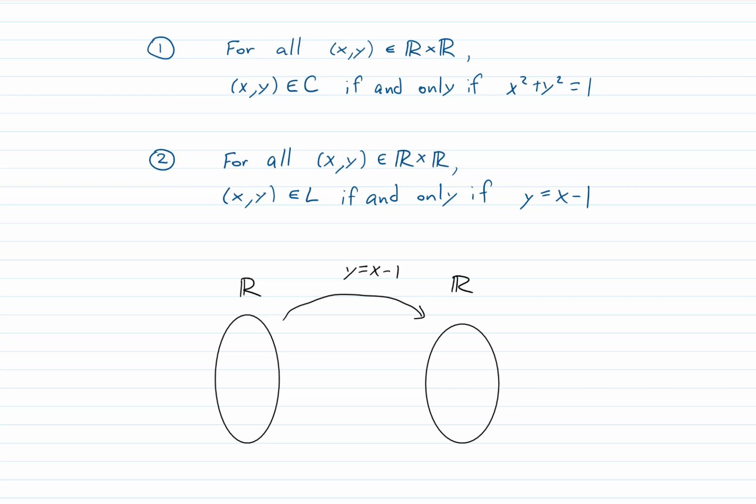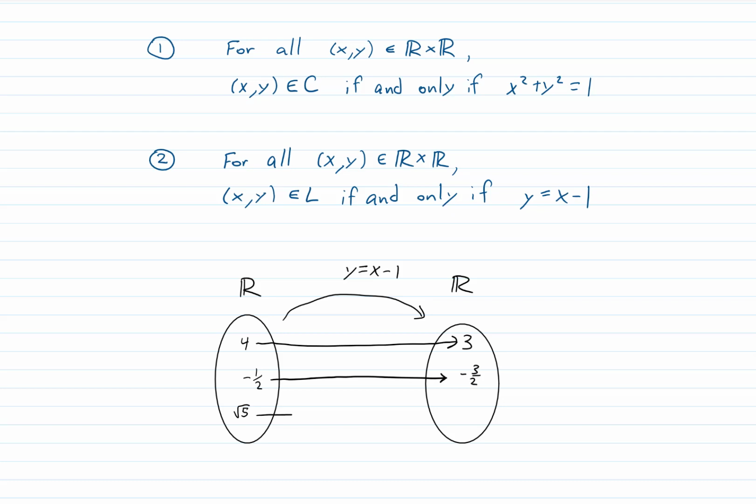Number one, no matter what real number I write here, that is going to be related to a number, right? 4 will be related to what? Y equals 4 minus 1, so it'd be related to 3. -1/2 would be related to -3/2.